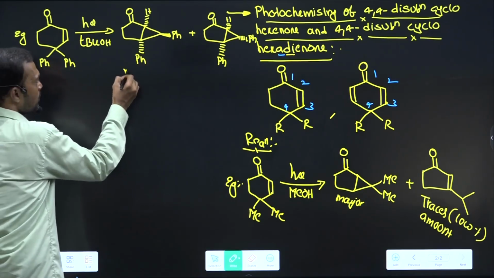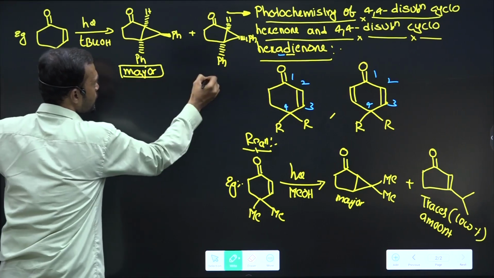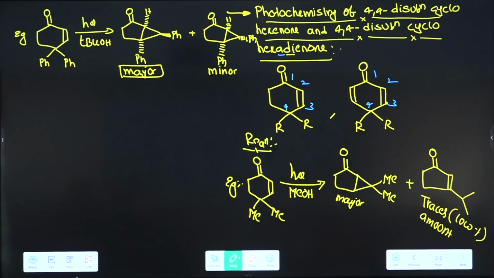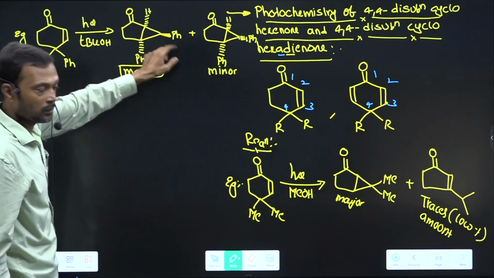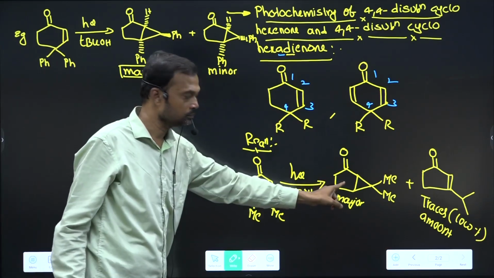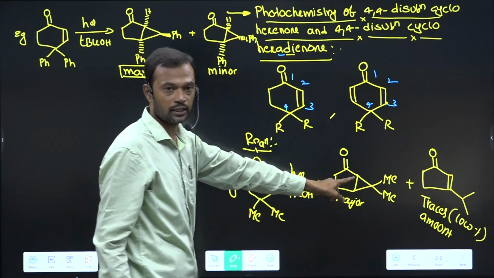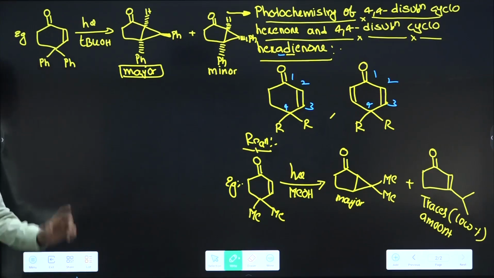So this is found to be major. Trans stereochemistry is major and this is found to be minor. See, the 6-membered ring becomes what? 5-membered. Adjacent, what are we getting? 3-membered. Here also, see, 6-membered becomes 5-membered. Adjacent, what are we getting? 3-membered. You need to remember these reaction products. Keep them in your mind.